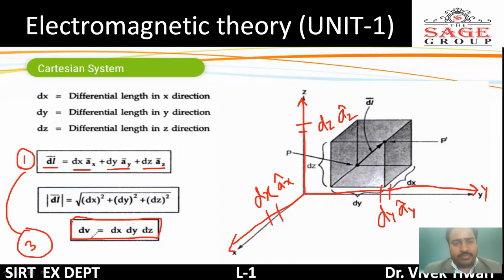If we want the magnitude of dl, we use this formula: mod of dl is equal to the square root of dx squared plus dy squared plus dz squared. So we understand how to find dl, and with the help of dl how to calculate dV.